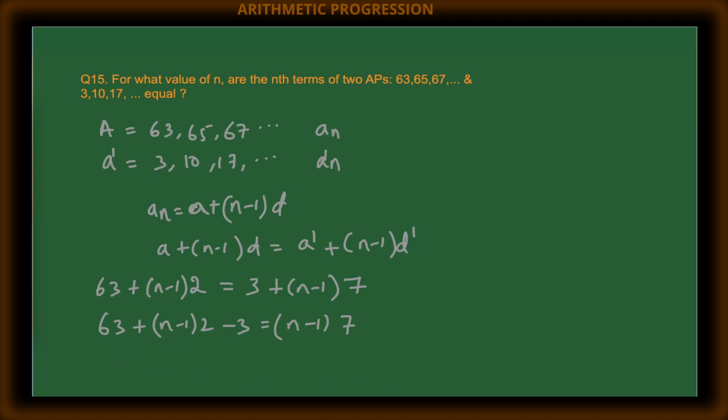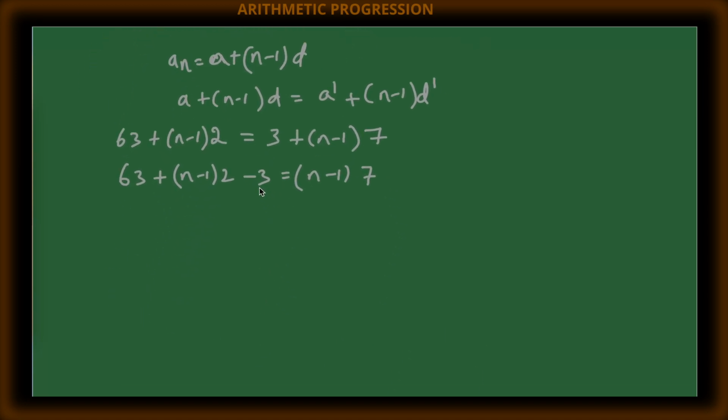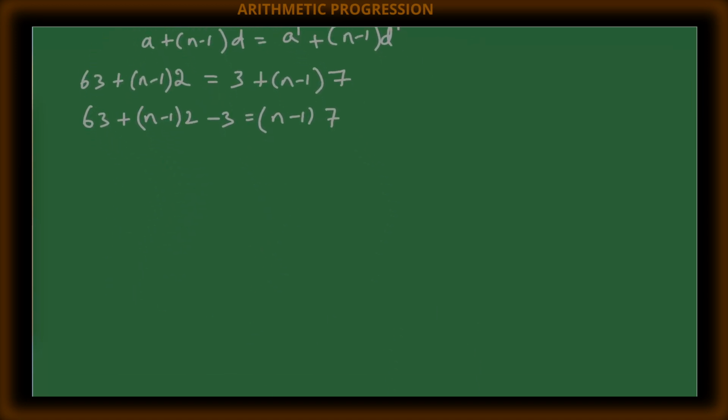So 63 minus 3 becomes 60, plus n minus 1 into 2 is equal to n minus 1 into 7.